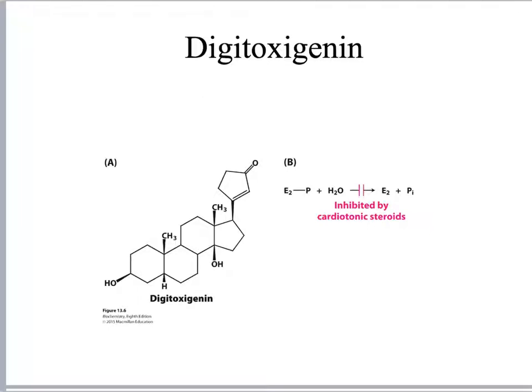P-type ATPases play a wide variety of roles. There are 16 proteins in the yeast genome that are classified as P-type ATPases. In the human genome, there are 70 different P-type ATPases. All of these utilize ATP hydrolysis to move substances across the membrane.